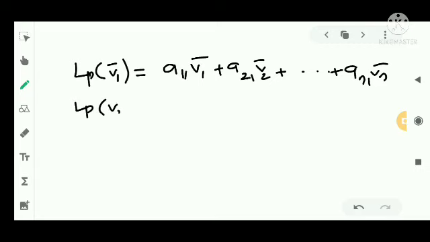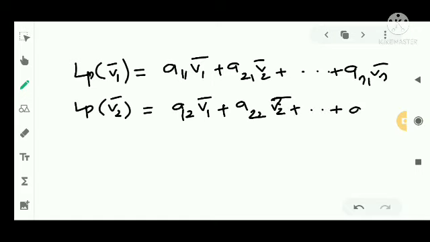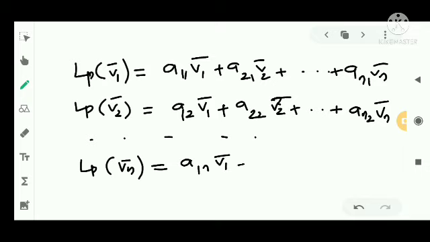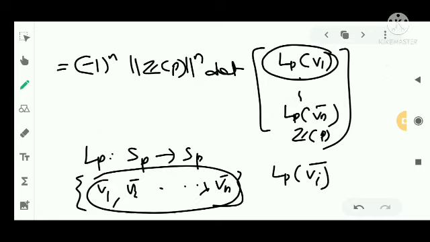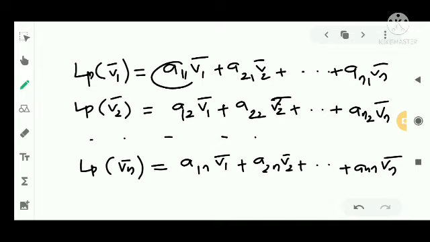Similarly, LP of V2 equal to A12 V1 plus A22 V2 plus etc. plus An2 Vn, etc. We can write LP of Vn equal to A1n V1 plus A2n V2 plus etc. plus Ann Vn. So we can replace each of these by LP of V in terms of this coefficient matrix.